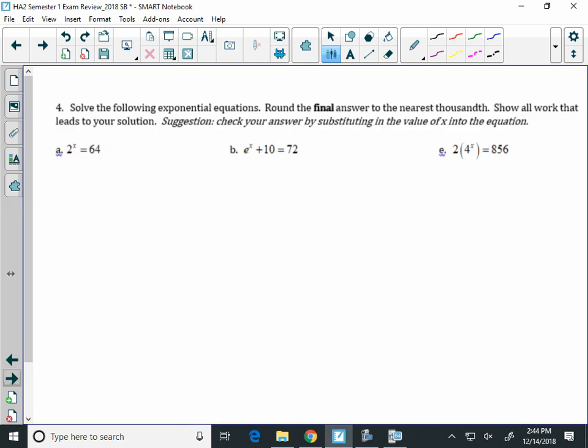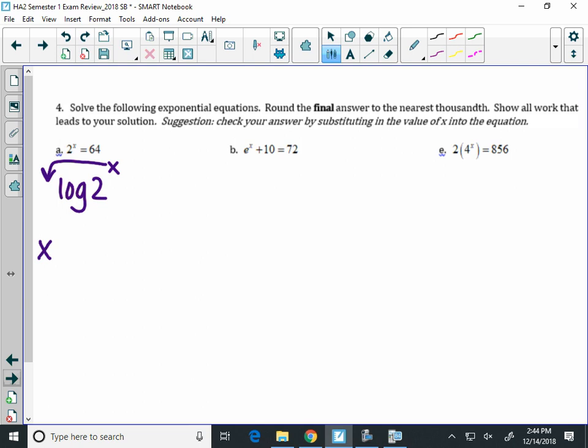In number 4, I start with an exponential, and I have to use a logarithm. This is the one where we told that story about being in the woods and playing basketball, and you have to throw a log at the problem in order to get the x from the exponent. So A is the simple problem here. You're going to take the log of both sides. But remember, when you take the log of something with an exponent, that x pops down in front.